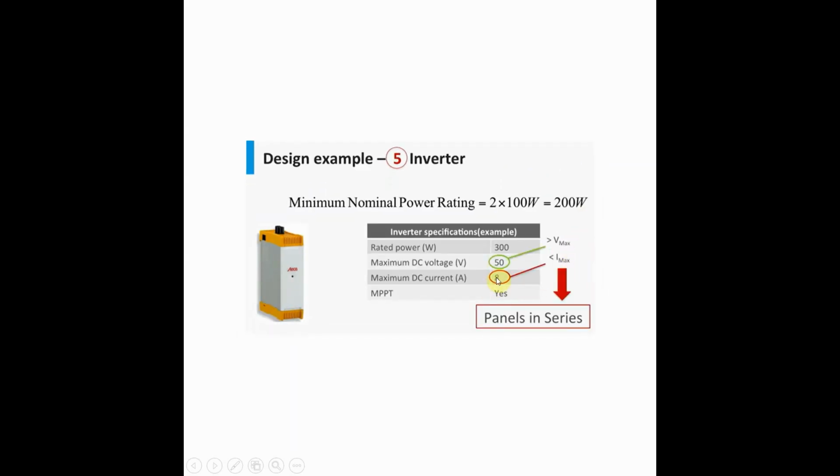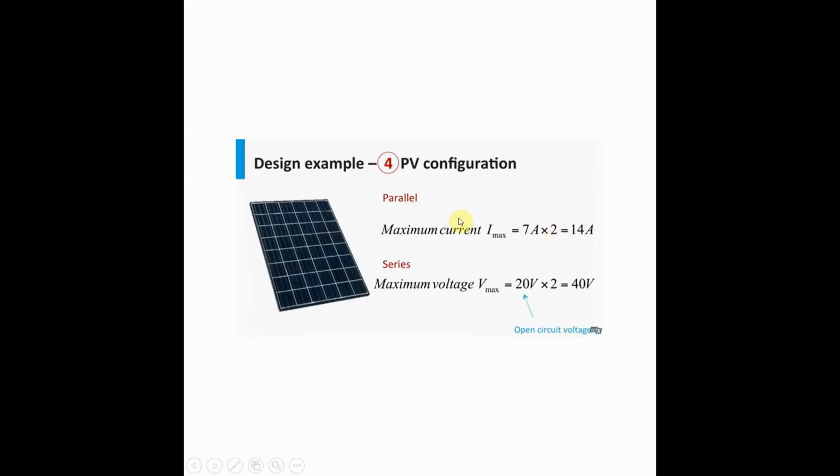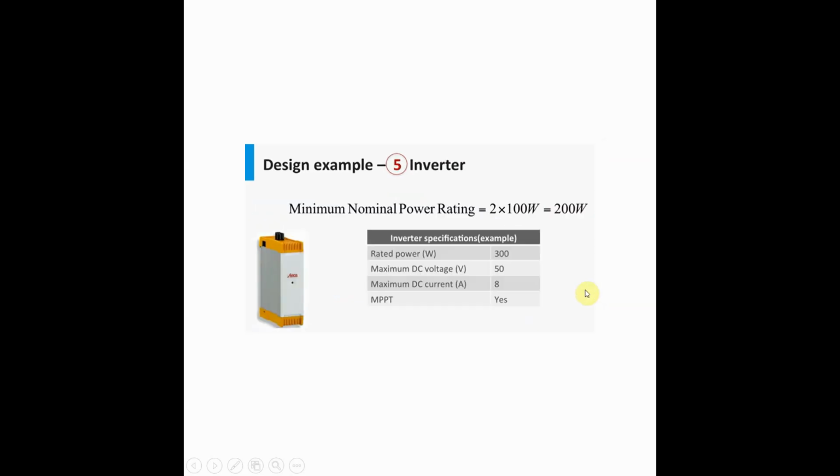So this inverter current is 8 ampere, but our panel, if we connect the panels in parallel, it will draw the 14 ampere. The inverter cannot afford this 14 ampere because inverter maximum current is 8 ampere. So it means we cannot connect the panels in parallel. We have to connect the panels in series, 40 volt.